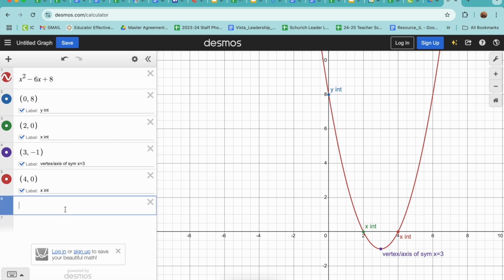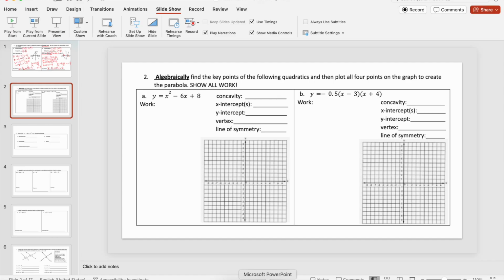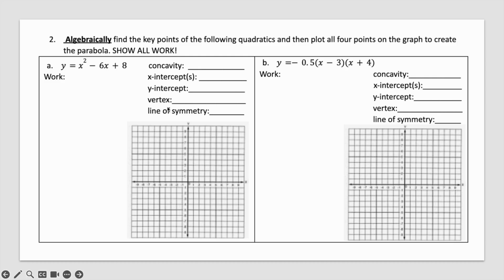So there's all of our points, and we also can see that this is facing up, so this is concave up. Since our arrows point up, we're now able to show some stuff algebraically. We said it was concave up.